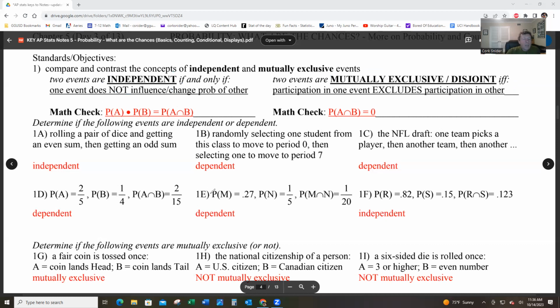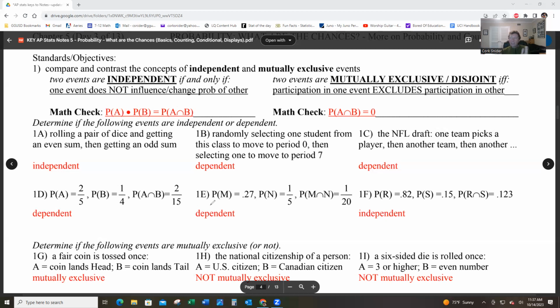Okay, so first, let's just do some simple checking if events are independent or dependent. Independent means there's no influence. Dependent means that there is some influence. Now, it might be very, very little, or it might be a lot of influence.